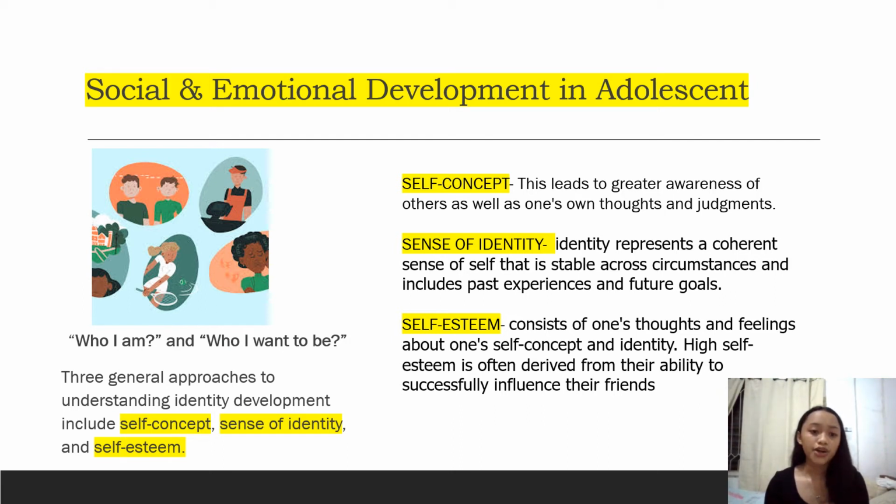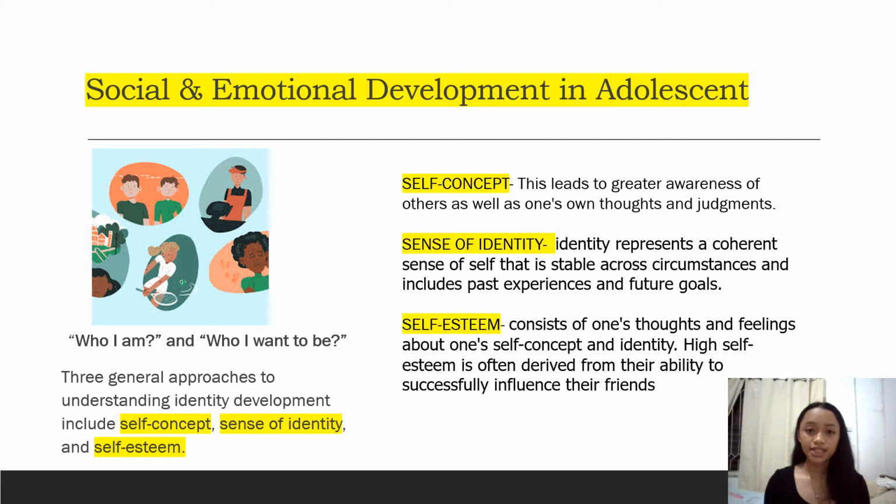And so there are three approaches to understanding identity development. This includes self-concept, sense of identity, and self-esteem. So first is self-concept. So this leads to a greater awareness of others as well as one's own thoughts and judgments.